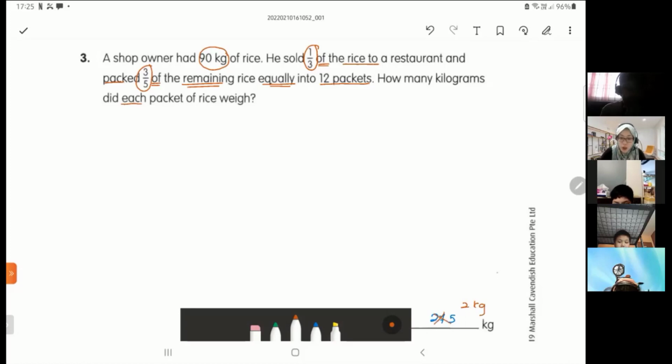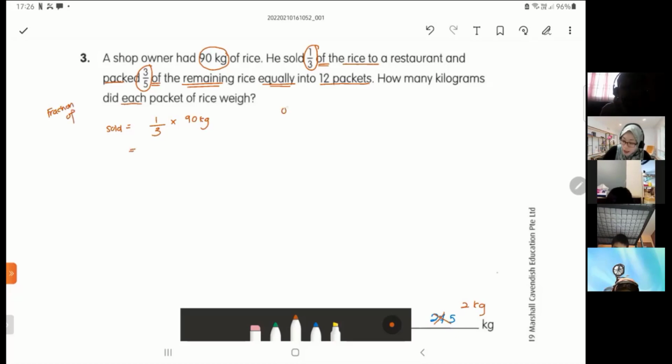All right. So I know that this shop owner has a total of 90 kg of rice. He sold 1/3 of it. If you want to use the fraction of method, we can simply take 1/3 of the 90 kilograms to find how much he sold, right?